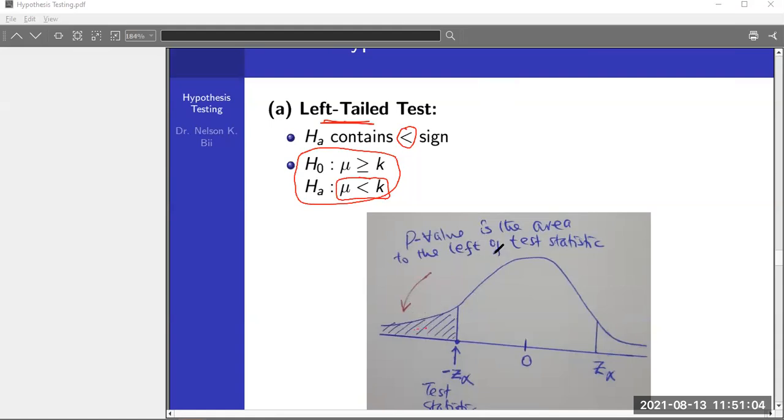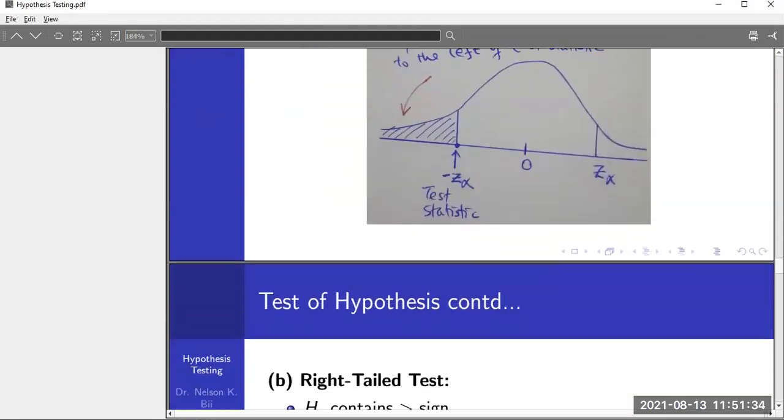This is the area to the left of the test statistic. If you compute this value from the sample data, then you can check it against the p-value for the shaded region. We are just illustrating what we mean by the left-tailed test.